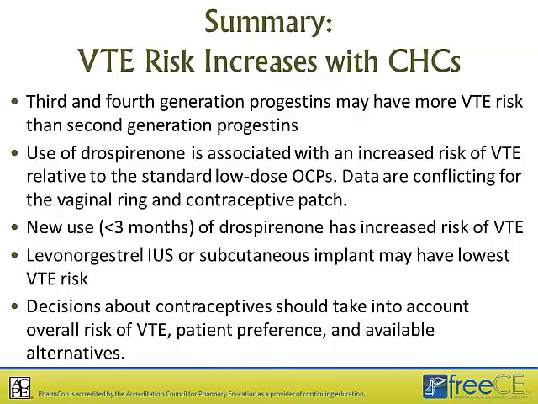New use of drospirenone also appears to have an increased risk of VTE, and that levonorgestrel IUS, or intrauterine system, or the sub-Q implant may have the lowest VTE risk. And really decisions about contraceptives should take into account the overall risk of having a VTE, the patient preferences, and any available alternatives that may be there for that patient.